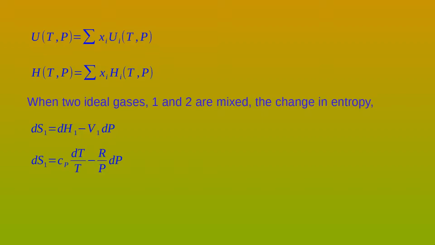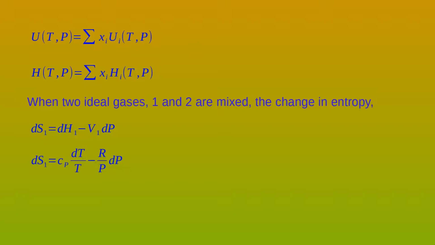Now, this is very much equal to X1, that is the mole fraction of oxygen in the mixture, which will be 0.5, into 500, plus X2, which is 0.5, and which is nothing but the mole fraction of nitrogen in the mixture, into 500.